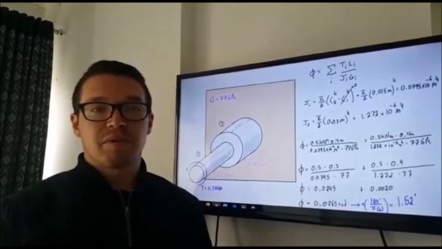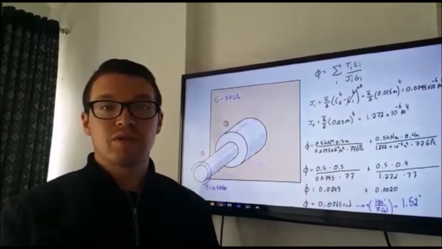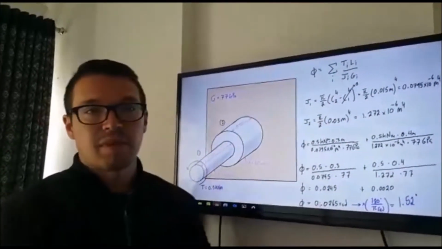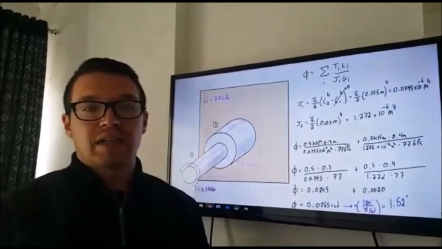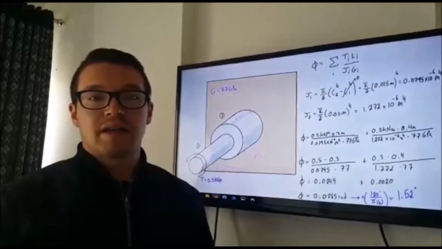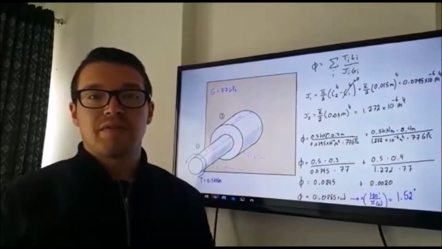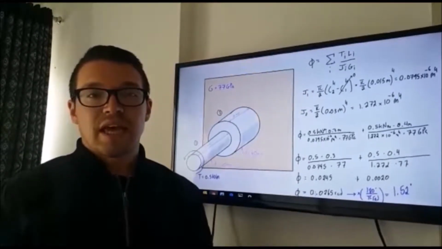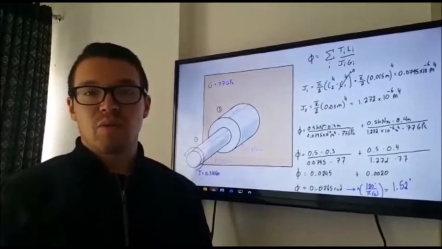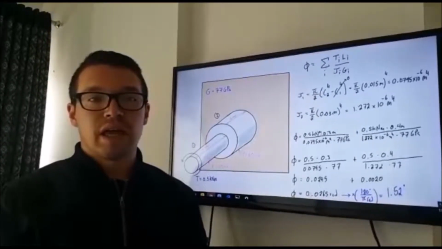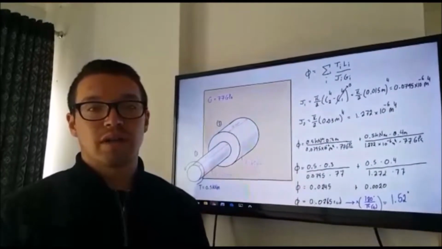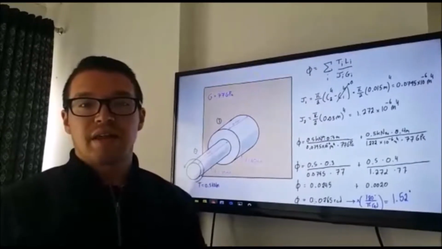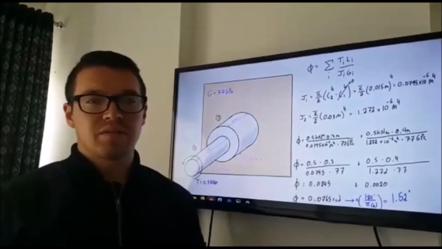From the previous video, c2 is the distance from the center of the axis to the surface of the bar, and c1 is the distance to the internal surface. For solid shafts, c1 goes to 0. So for J1 we have pi over 2 times the radius, which is 15 millimeters.